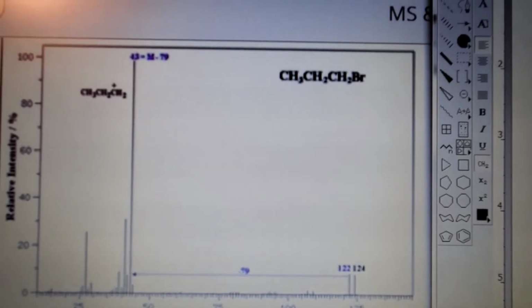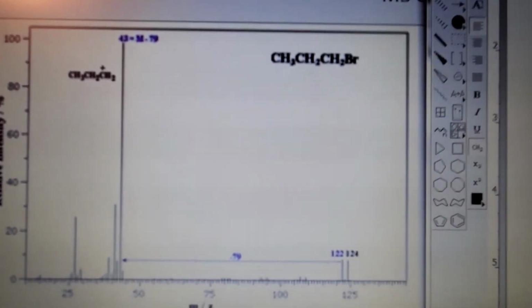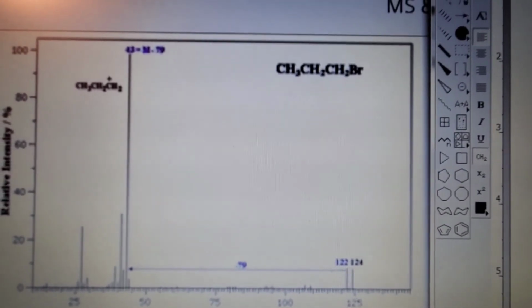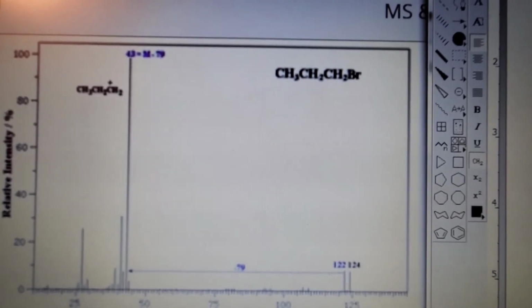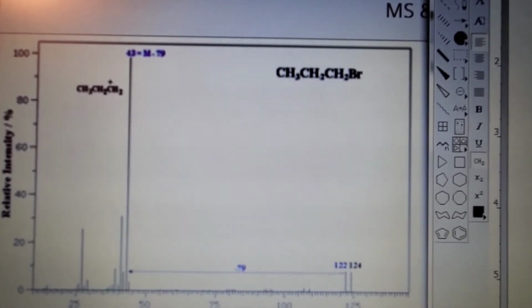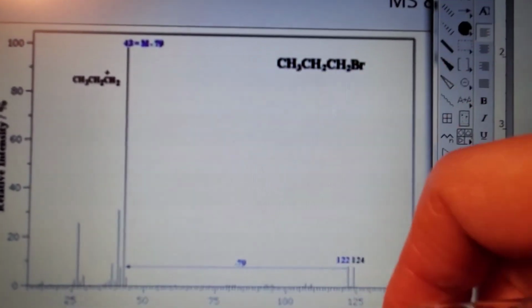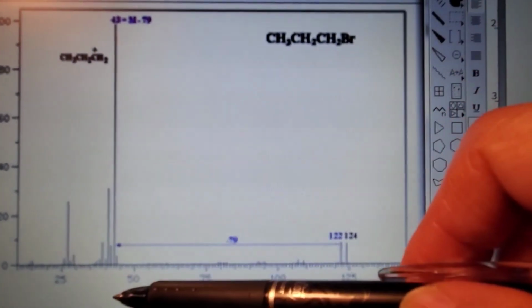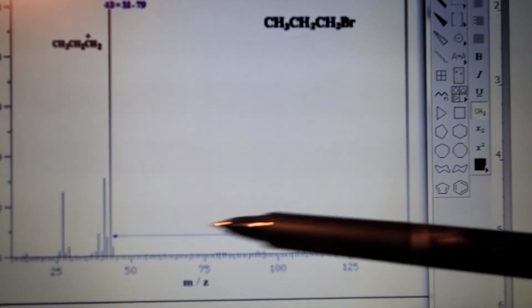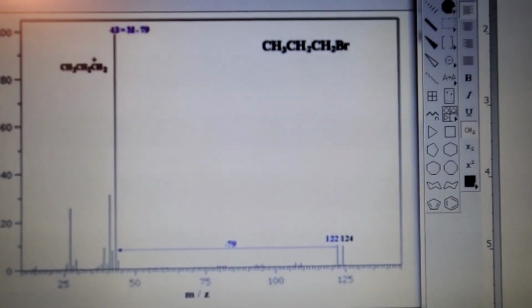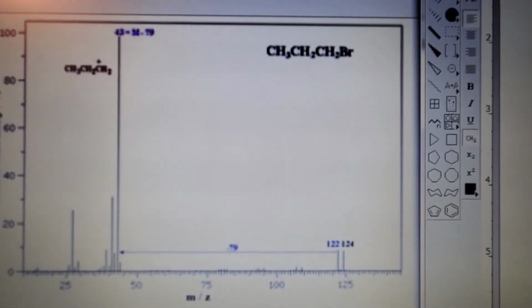So you lost the bromine because that bond is weakest and the molecule is smashed by something in the machine, so you break the weakest bond anyway. So you lost the bromine and you get this peak without bromine, and this is the base peak. So your loss is 79, matching the bromine.